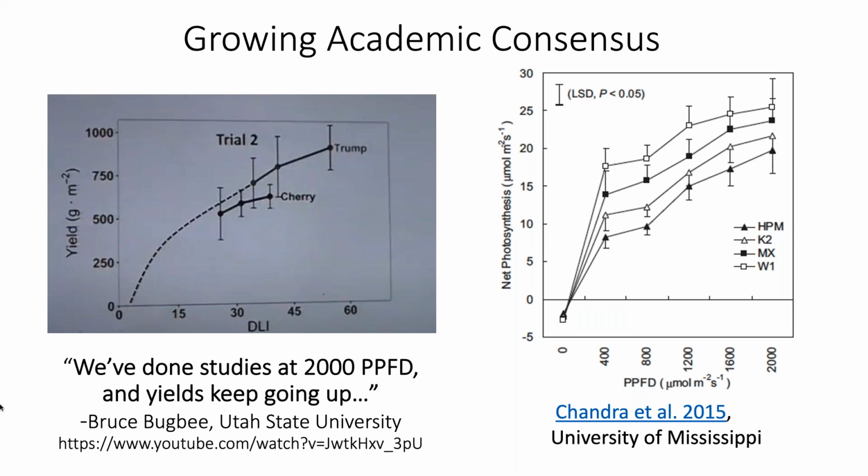That's also supported by Professor Chandra at the University of Mississippi, who found that net photosynthesis was maximized at 2,000 PPFD. And to put it in context, 2,000 PPFD is the amount of sun shining on the earth at midday in July with no clouds. So it's not entirely surprising that the plant evolved to be able to use that much light, since it's a field plant, cannabis.